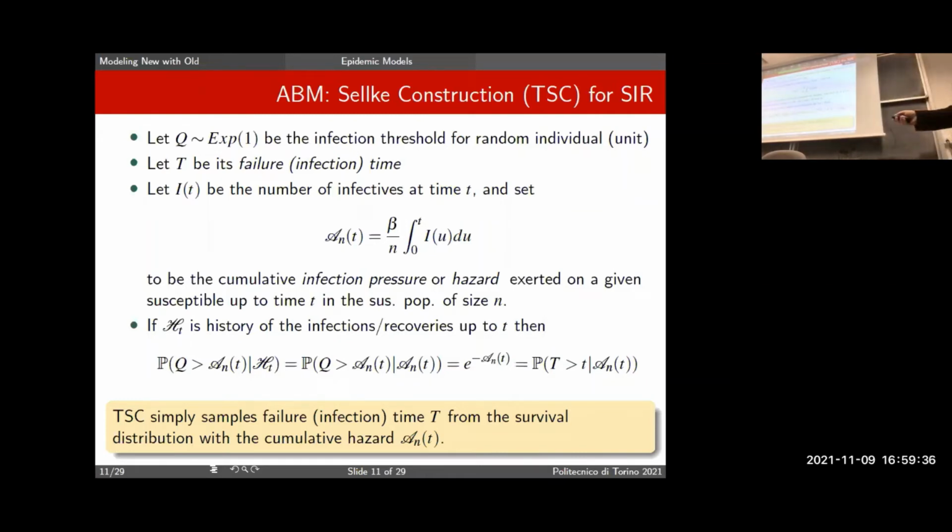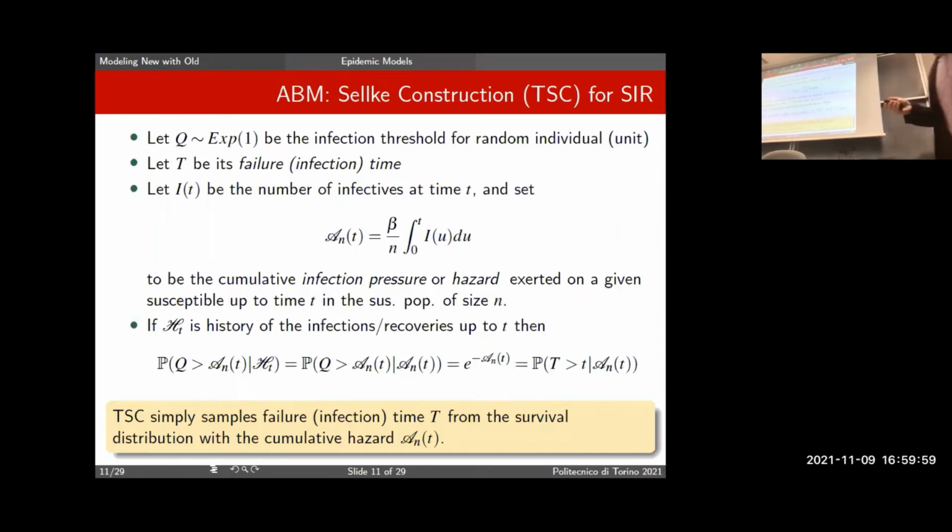So this is the rule. If I have this random threshold for an individual, then I can compare it with this cumulative infection pressure. And this cumulative infection pressure, by the way, is defined as a sum over all the infected individuals in the population, scaled by n, and multiplied by a constant.